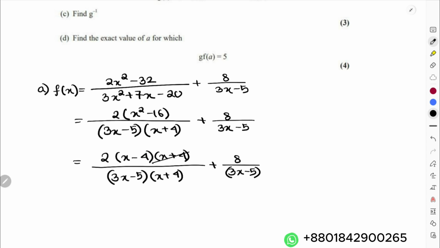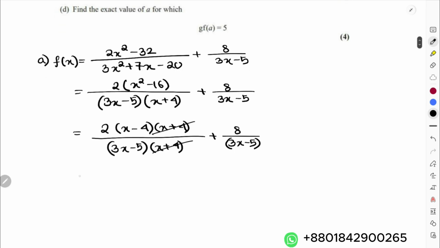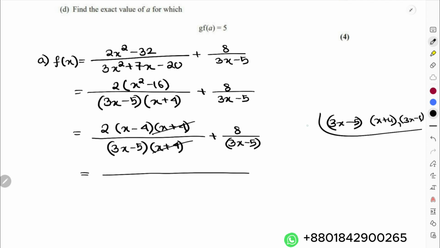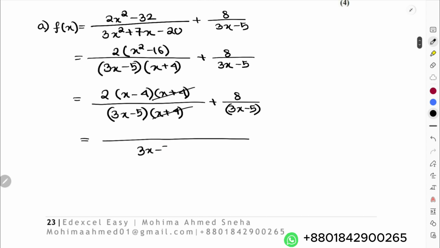So you get the x plus 4 elimination, and after this you get how much? If I do the LCM here, we basically have 3x minus 5, then x plus 4, and then again 3x minus 5, right? So the entire denominator LCM is 3x minus 5 and x plus 4.